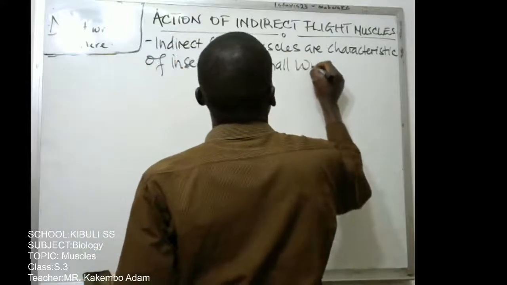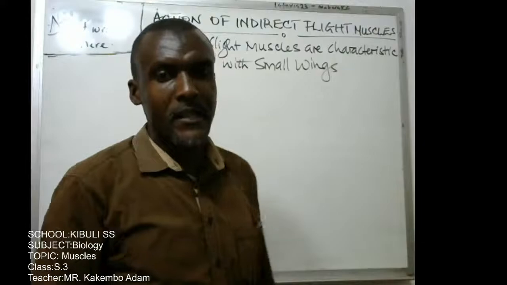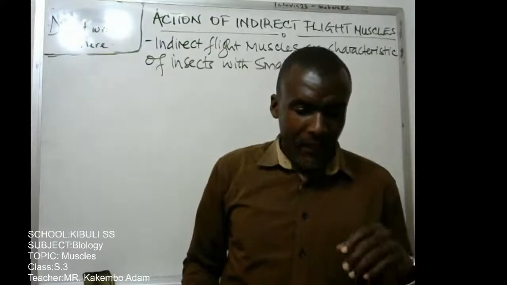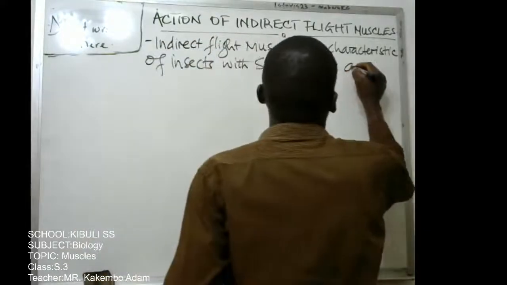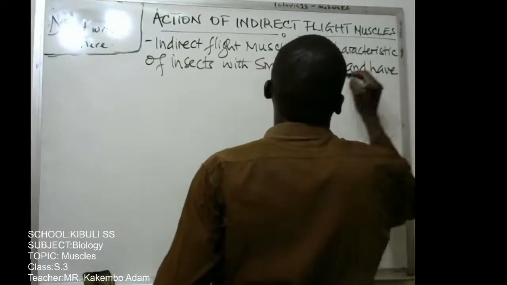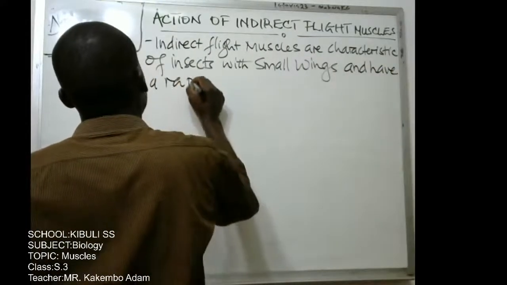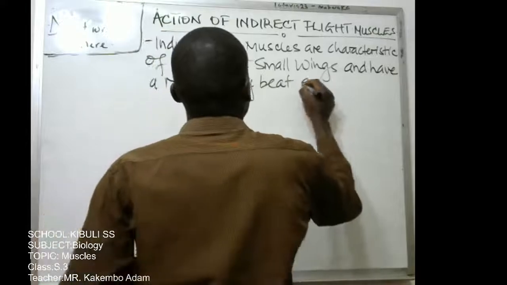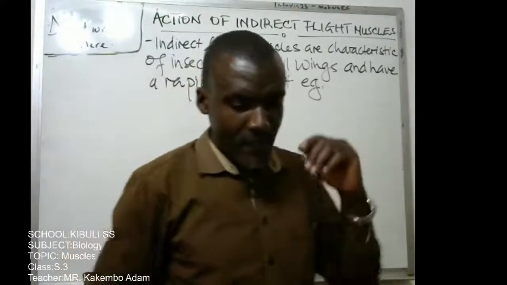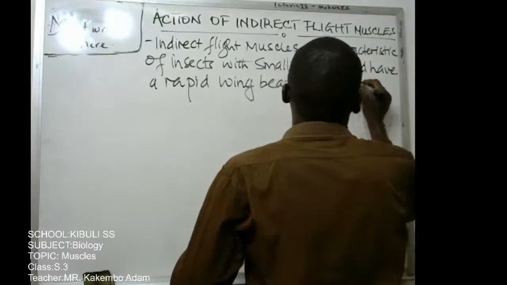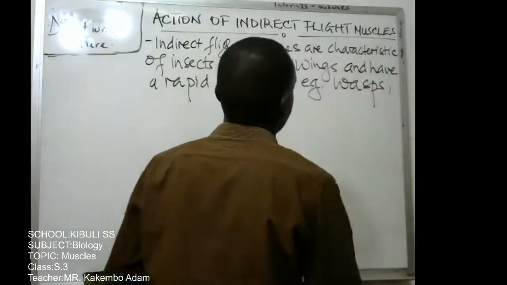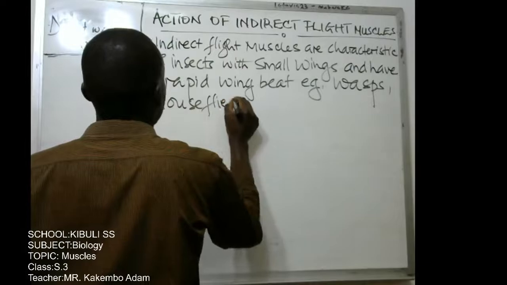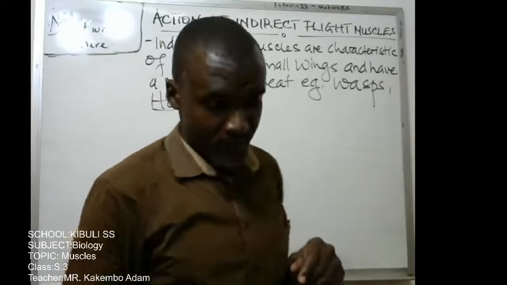We can cite examples of such insects that have small wings and a rapid wing beat, such as the wasps, the housefly, and the bees.